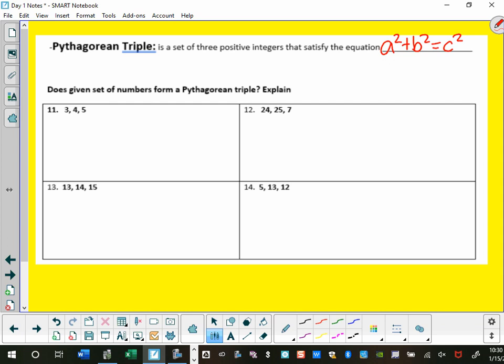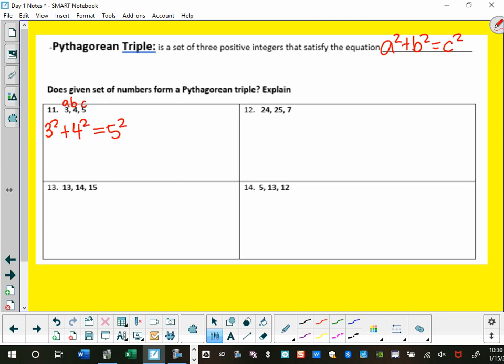In number 11, 3, 4, and 5, which one is my hypotenuse? 5. The largest side. That means that 3 can be A and 4 can be B. So I have 3 squared plus 4 squared equals 5 squared.